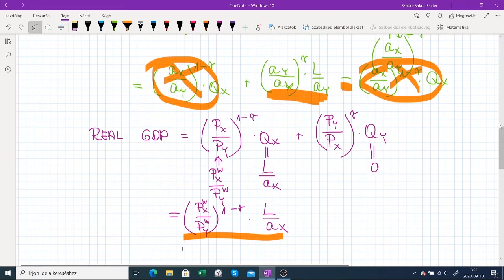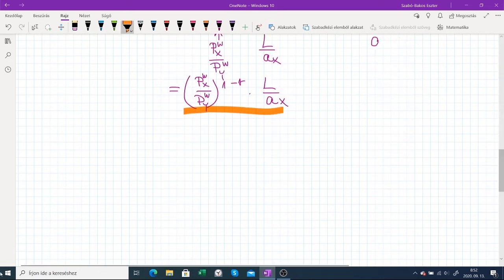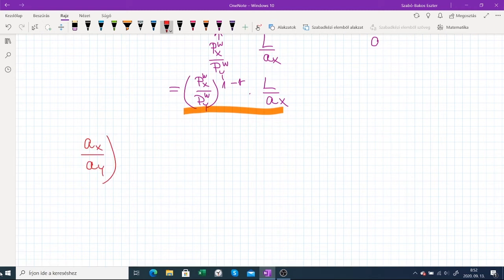Which one is the bigger? The real GDP for a closed economy or the real GDP for an open economy? Let's see. So the real GDP for a closed economy was Ax over Ay raised to the power of minus gamma times L over Ay.